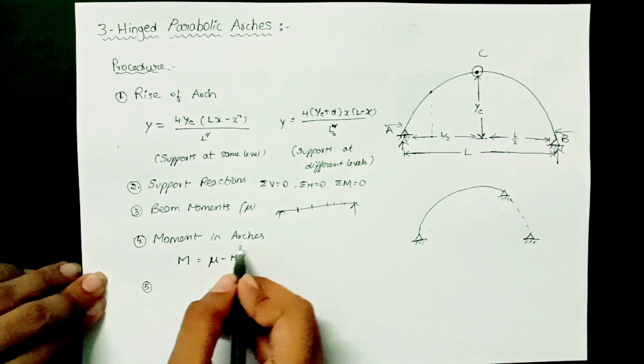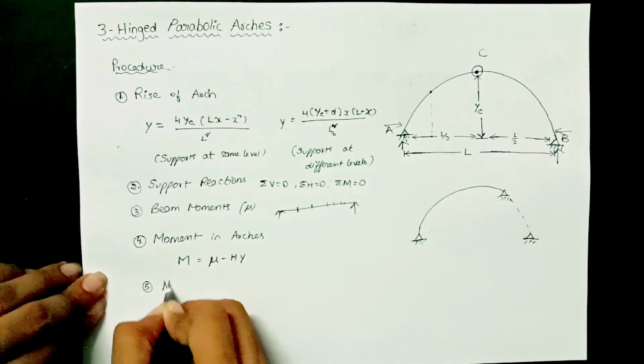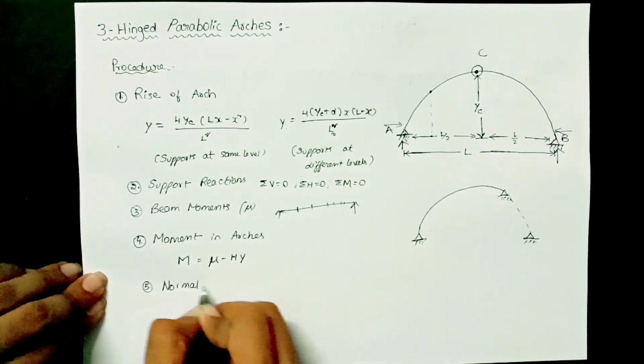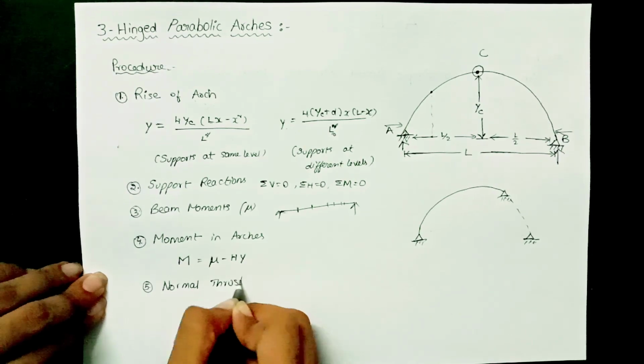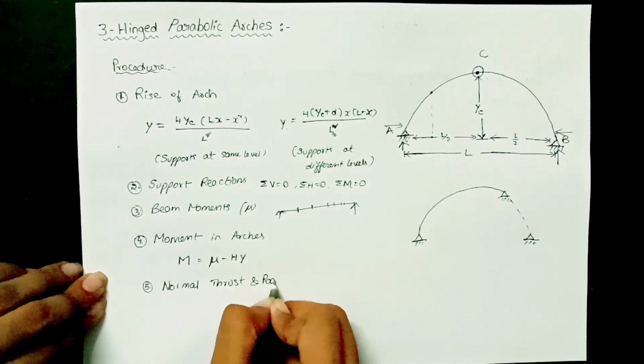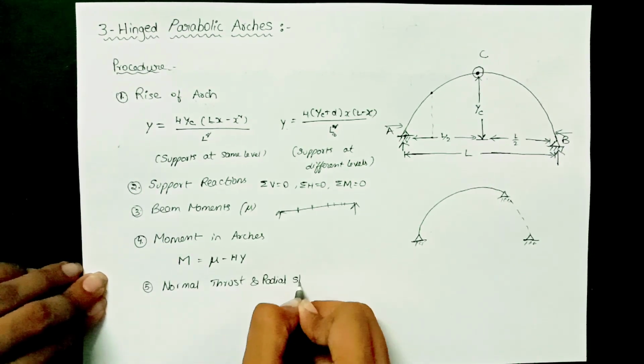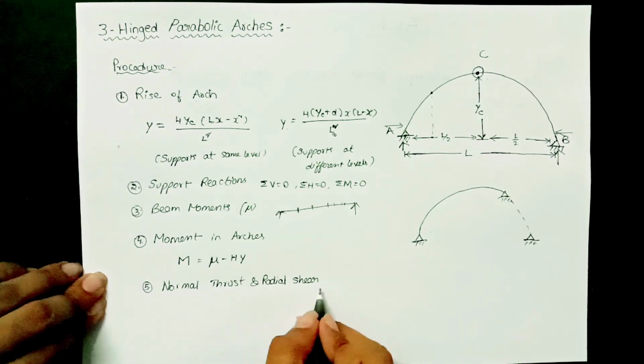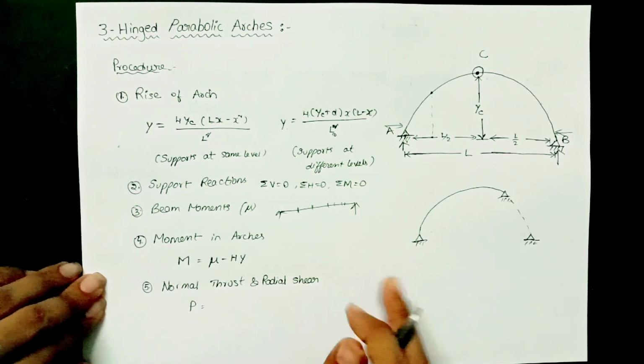The fifth step is the calculation of normal thrust and radial shear. In the previous video I explained the derivation of normal thrust and radial shear.